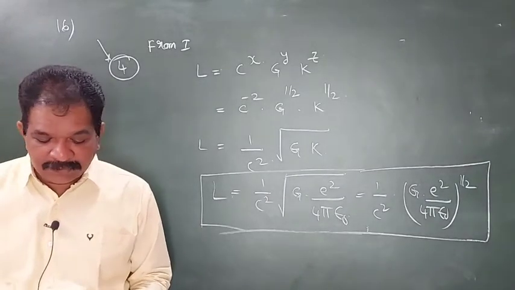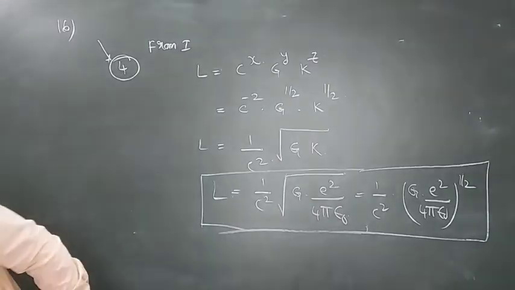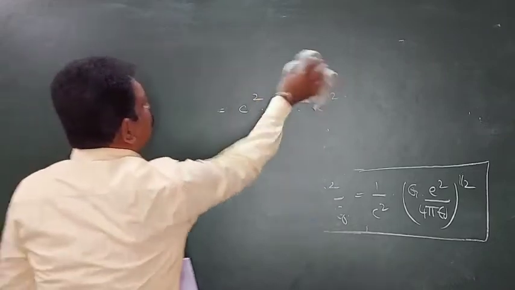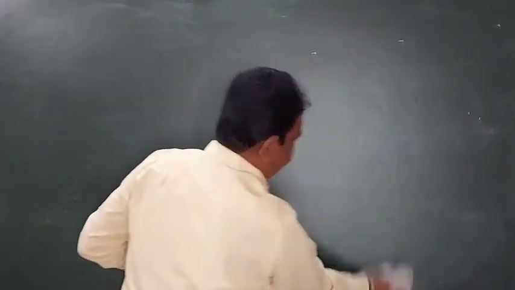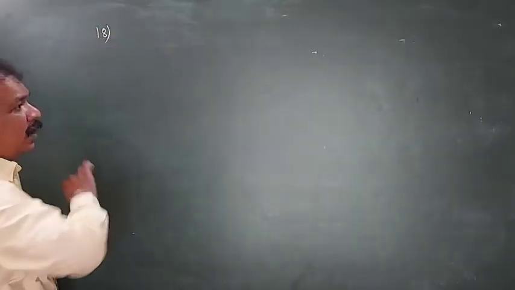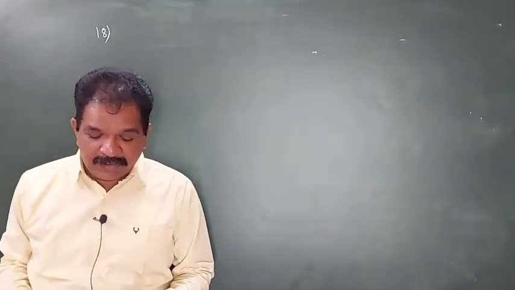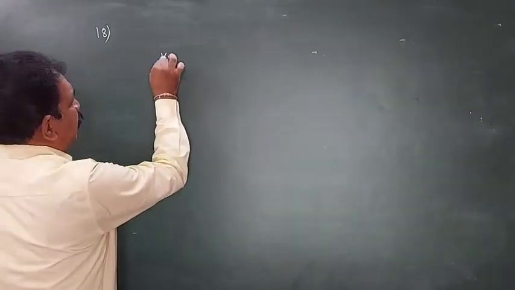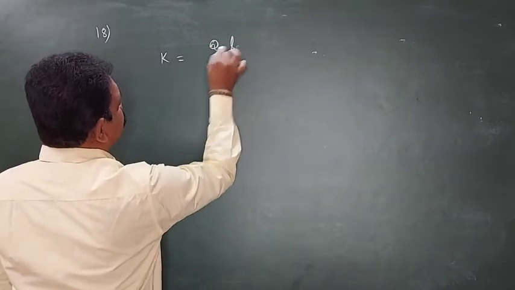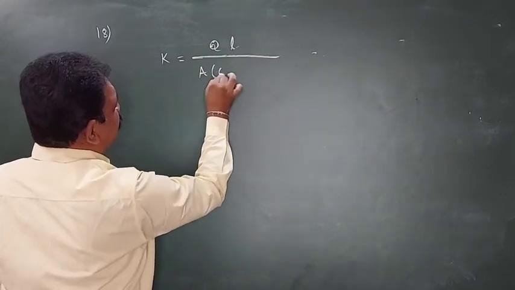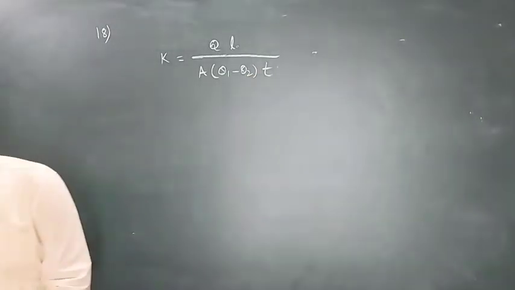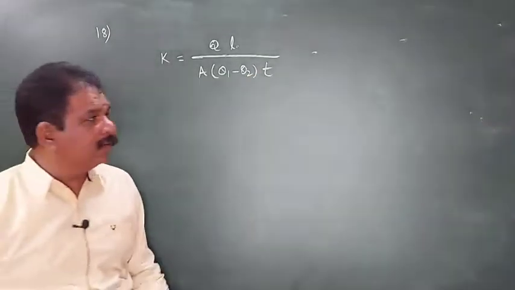Next, 18th, you see: unit of thermal conductivity is what? Thermal conductivity formula, K is equal to QL by A into theta 1 minus theta 2 into T. This is the formula. Okay.